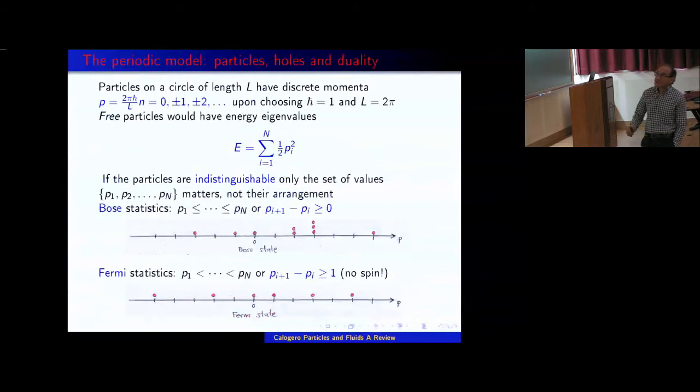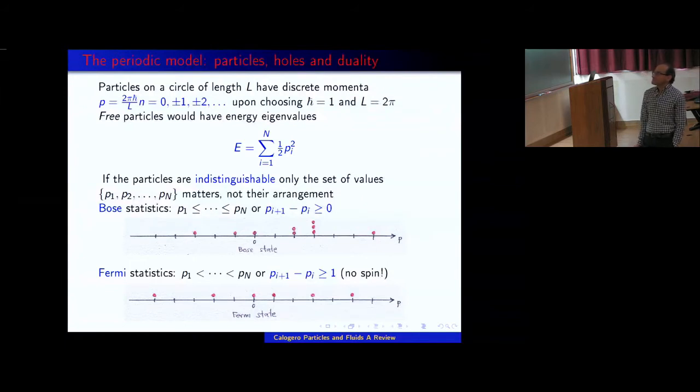It is interesting to examine the quantum mechanical properties of the periodic model. In the periodic model, the particles move on the line. If the particles were free, they would just have their kinetic energy and the momenta would be quantized on a lattice. And if you take L to be 2 pi, they would be quantized to integers.